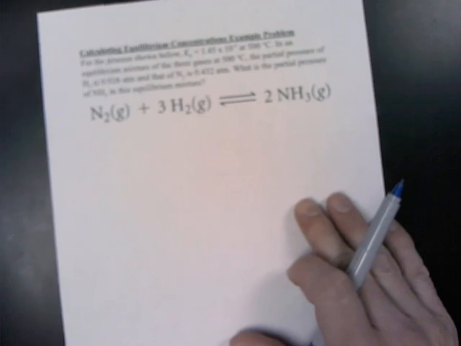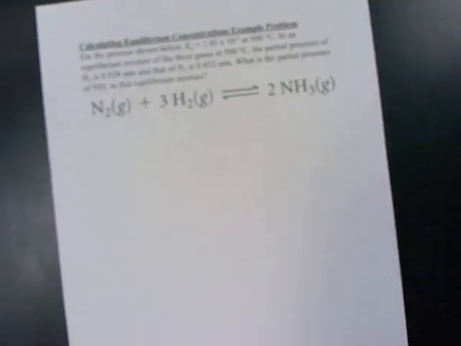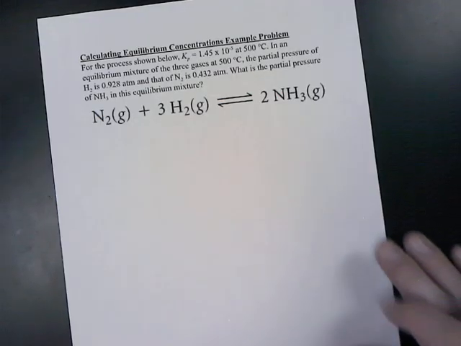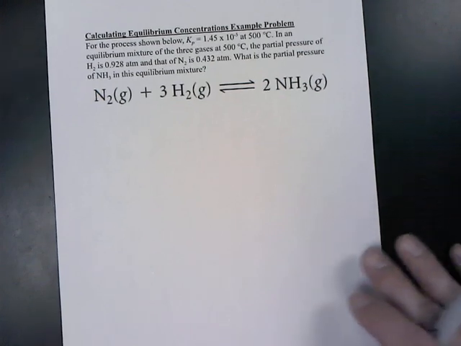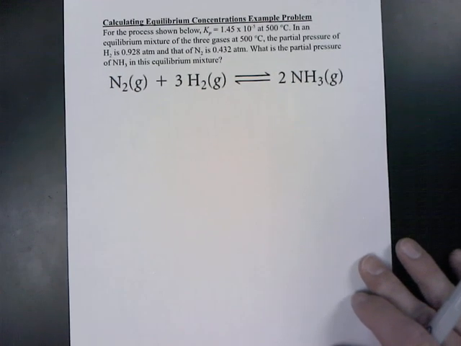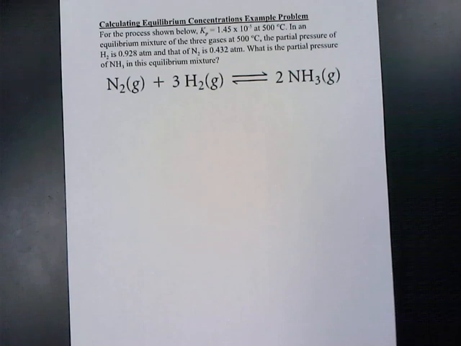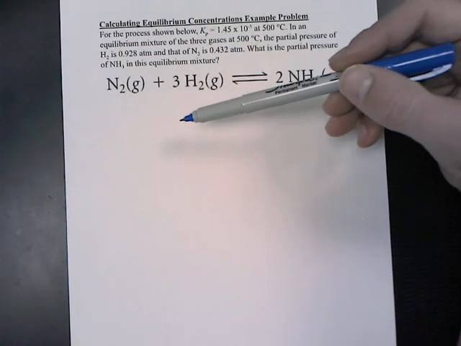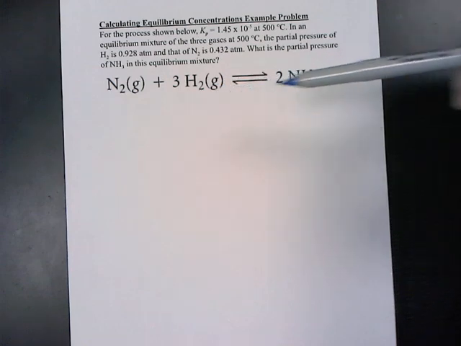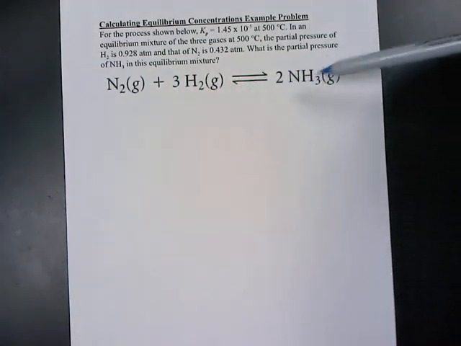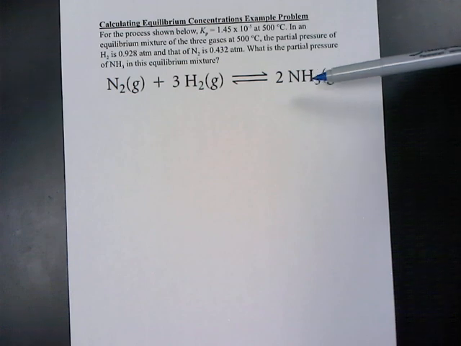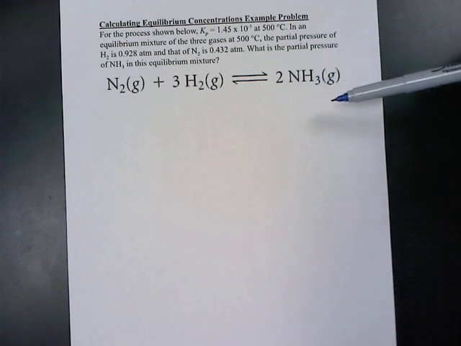And this next problem deals with actually pressure. So we can use that Kp. So for this particular problem, we have nitrogen gas react with hydrogen, and it comes to equilibrium or produces this NH3 ammonia.